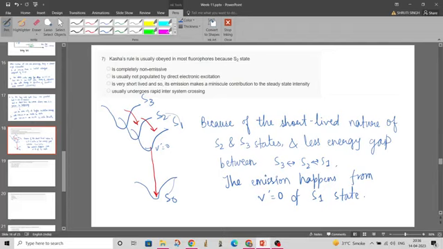So they relax back to V0 of S1 and then emit from there. So the answer is C.